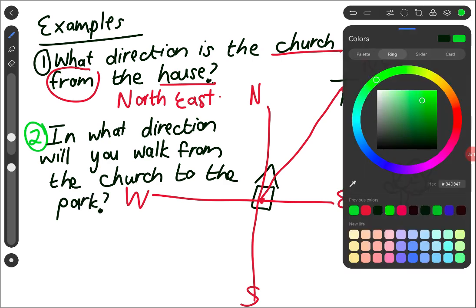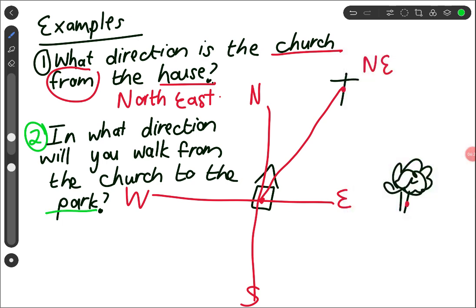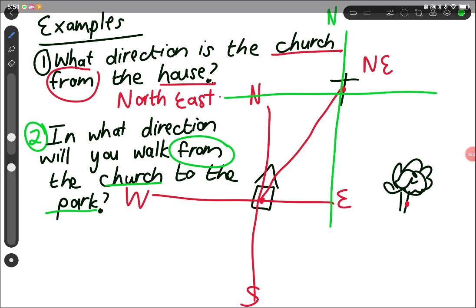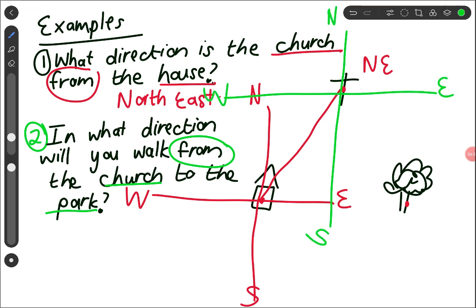Right, so let's use this one. We have the park, we have the church. From the church, so this is our starting point, the church. We have north, east, south and west, and this one is south, east.